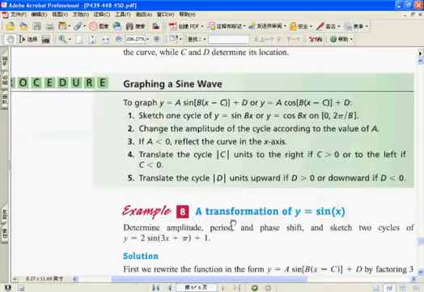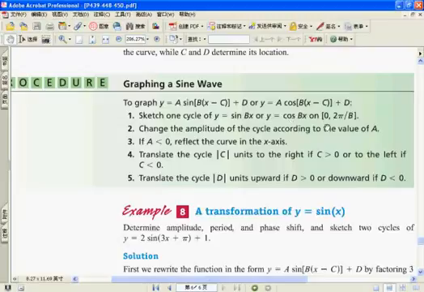Now let's see the procedure for graphing a sine wave. If you have a sine function like this, or the cosine function like this, the first step is to sketch one cycle of the sine of bx or the cosine of bx on this interval.